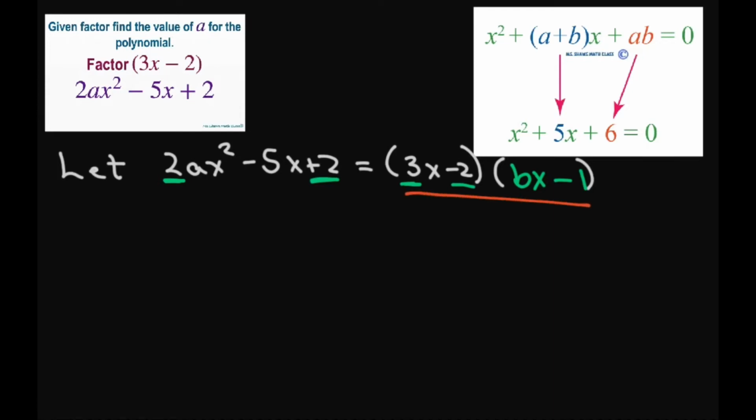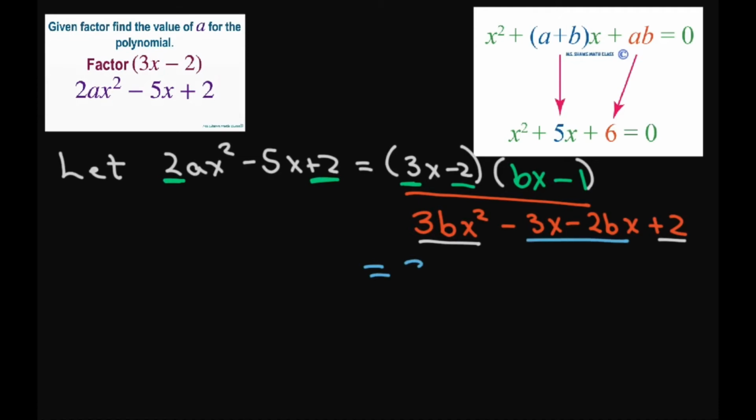This is going to give you 3bx squared, and then we're going to have minus 3x minus 2bx, and then plus 2. You can see here our 2s match, and we have to deal with this in a minute. Then I'm going to group my x's together.